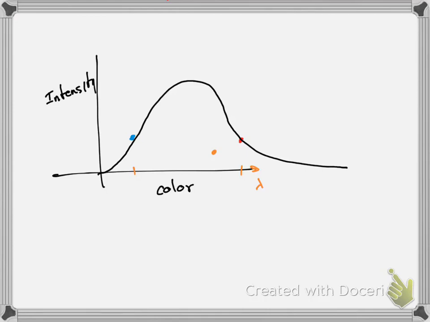So these are the visible wavelengths. It might emit some lower wavelength, so that's ultraviolet light. It might emit some infrared light, etc. So a dense body might emit some kind of continuous spectrum that looks something like that.